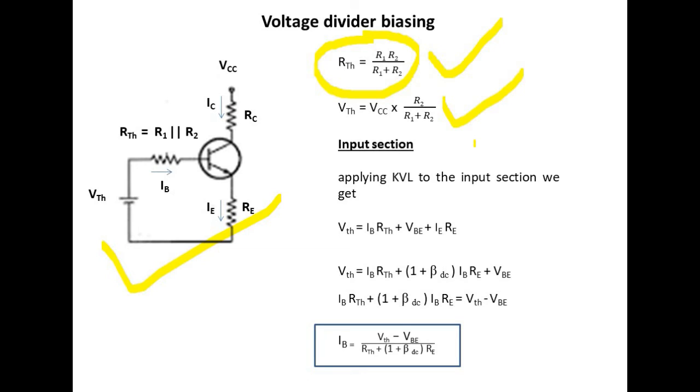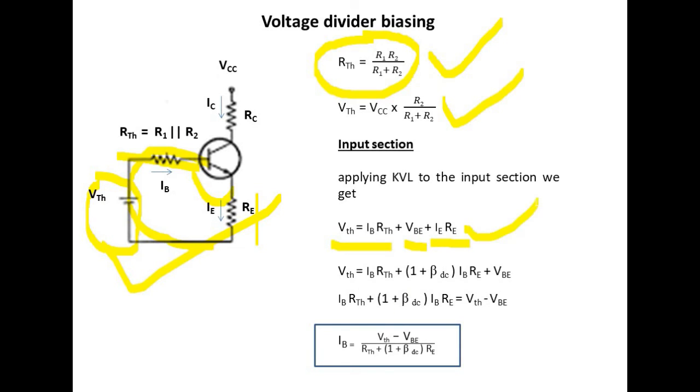Now we will apply KVL to the input section to get input current IB. So applying KVL to the input section, we get VTH is equal to IB into RTH plus VBE plus IE into RE.